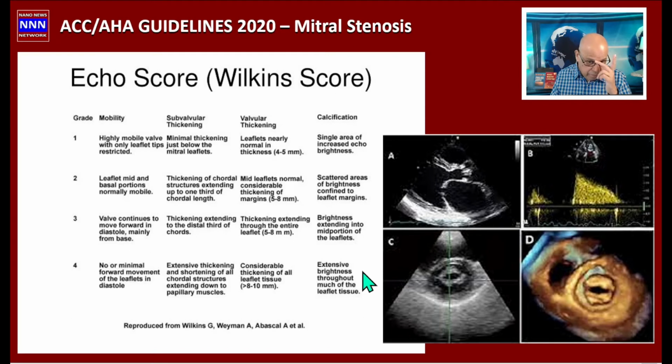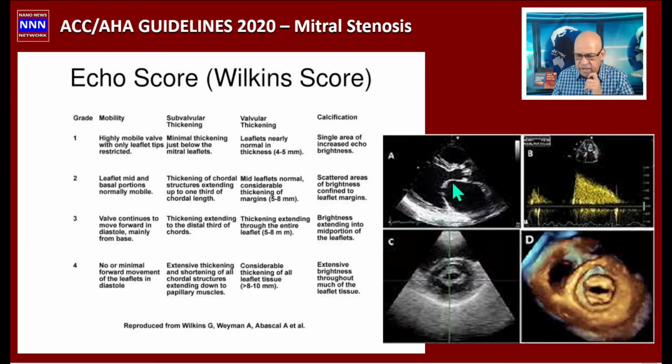The other important factor that we look at when deciding what is the appropriate pathway to follow is known as the Wilkins score. Again, based on echocardiography, it is dependent on 4 major categories: leaflet mobility, subvalvular thickening, leaflet thickening or calcification, and valvular thickening.